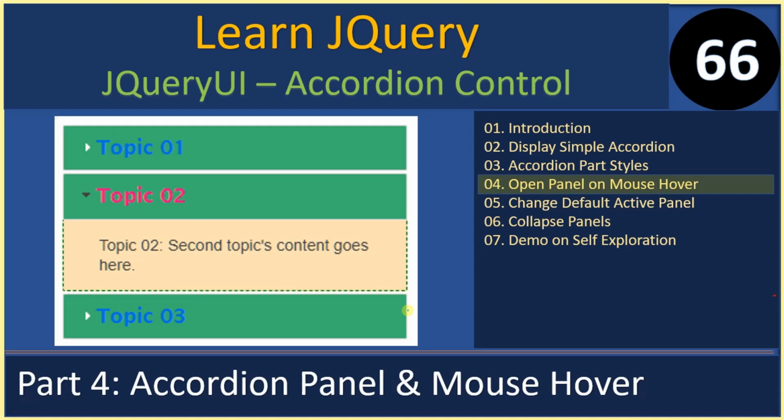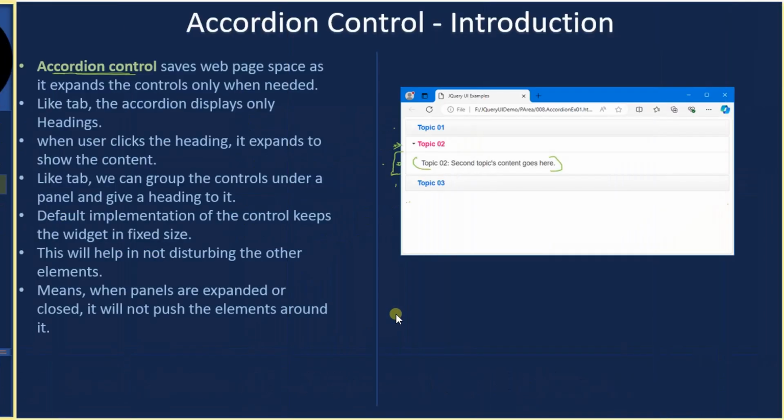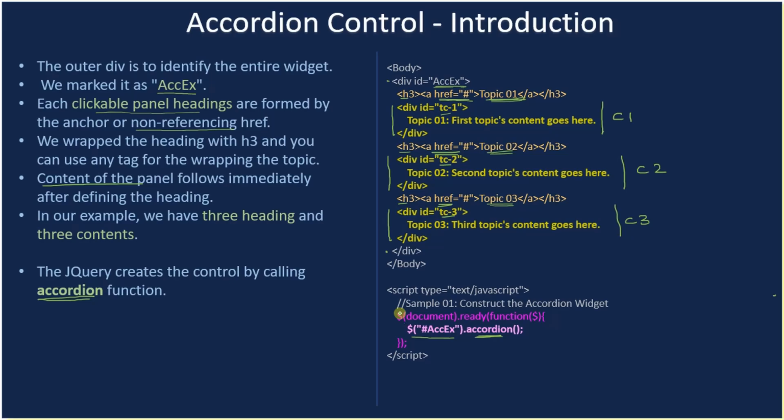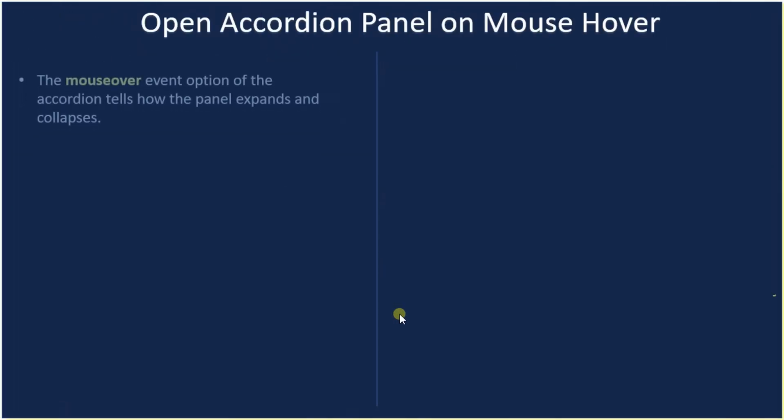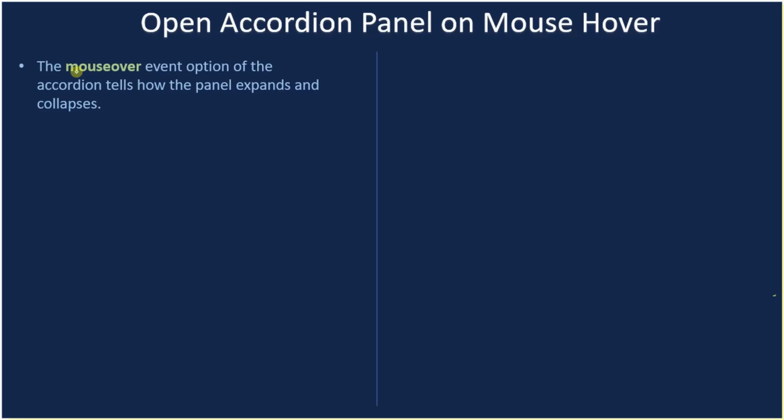Here in this video, we are going to open the panel when mouse hovers over the topic. The mouse over event option of the accordion tells how panel expands and collapses.